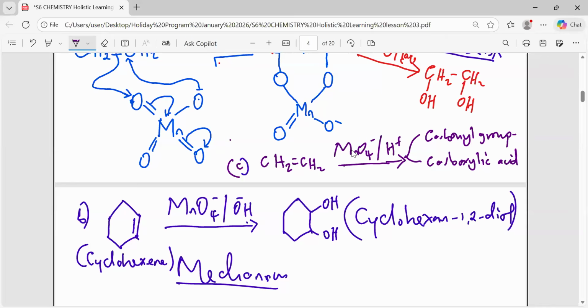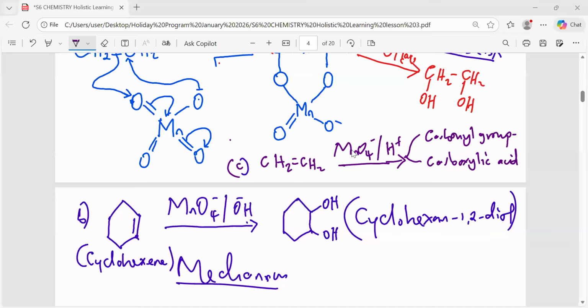So what are we saying here? We are saying that when we are using acidified potassium permanganate, we get a carboxylic acid for strong oxidation. But if it is not strong oxidation, initially we can have a carbonyl group which can still be oxidized to a carboxylic acid. So which color changes take place here?